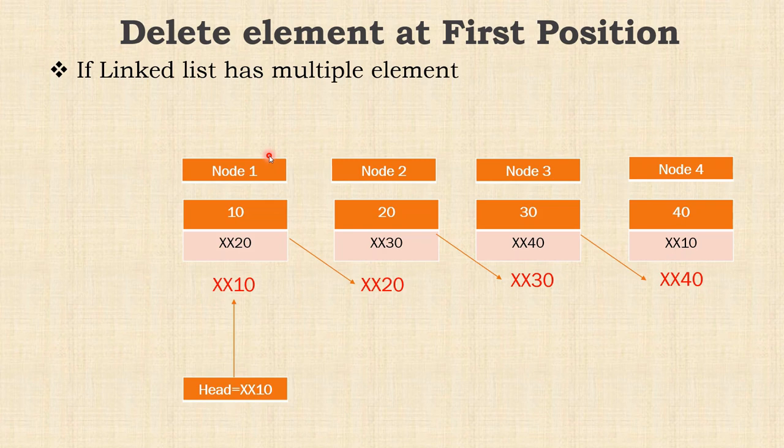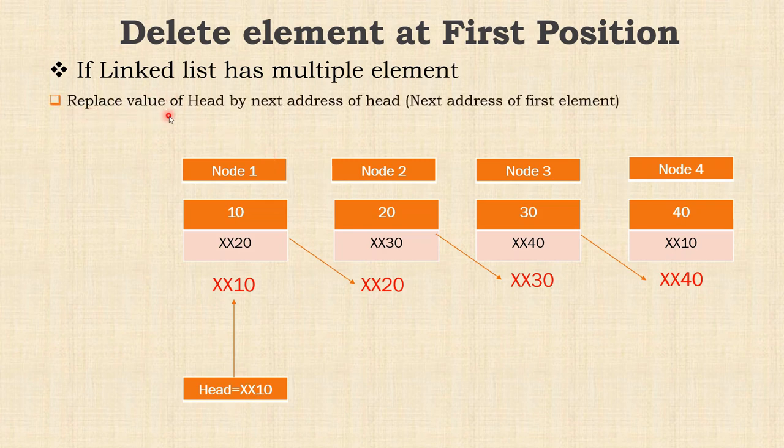So we are going to do two steps. Firstly, we are going to replace the value of head by the next address of head, which is xx20. Head.next will be xx20, which is the address of your node 2.